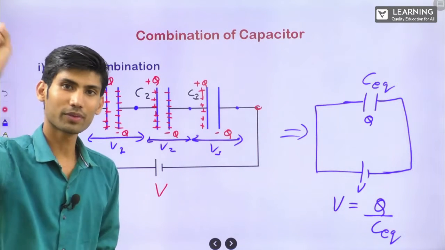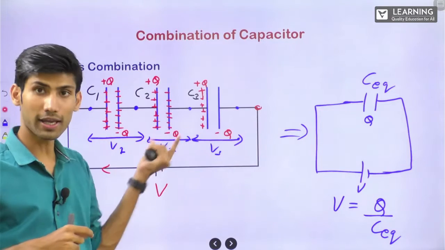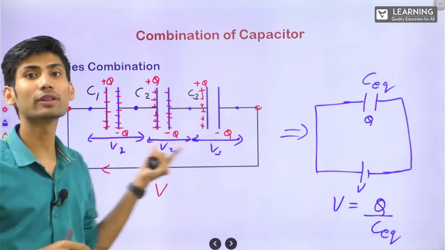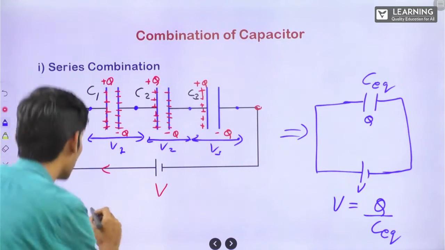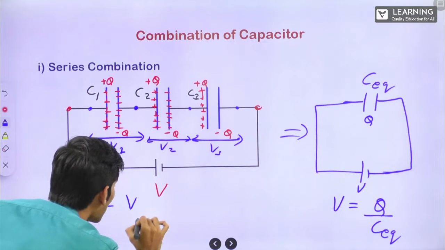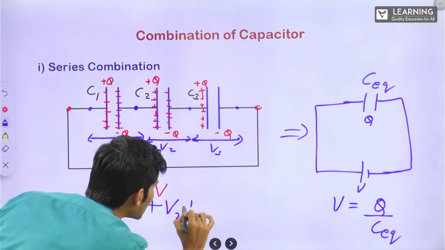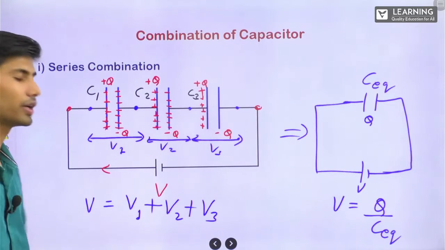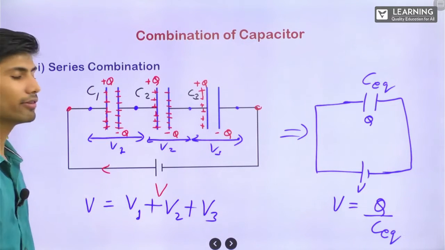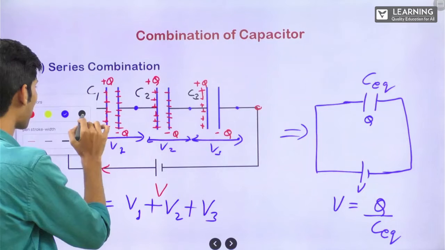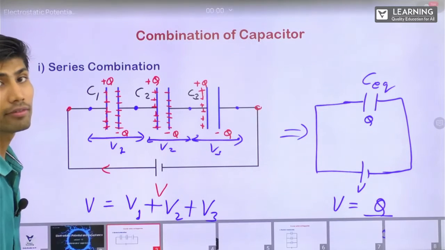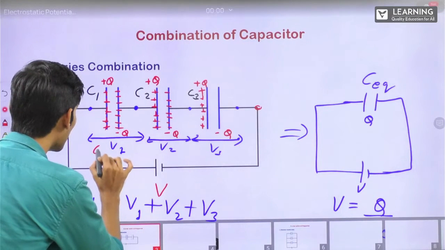Now, if you remember, again, whatever is not same, we will start with that. We will add all the voltages. V is equal to V1 plus V2 plus V3. Correct? How much is V1? Can we write V1? We can definitely write V1. V1 will be Q by C1.